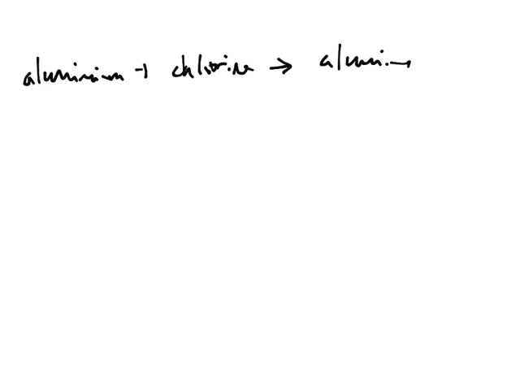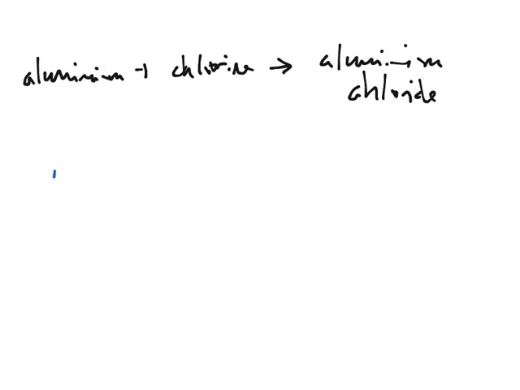Last one we'll have a look at is aluminium plus chlorine. Aluminium plus chlorine produces aluminium chloride.